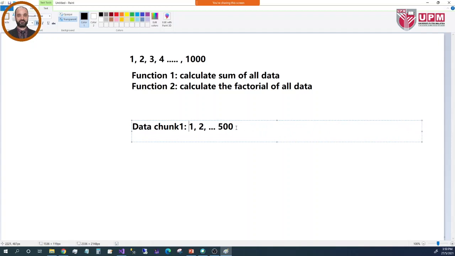And here, data chunk 2 will be from 501, 502 to 1000. Then after that, we make a copy of function 1 and a copy of function 2 here.